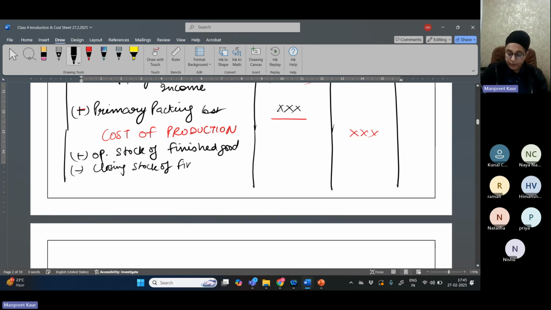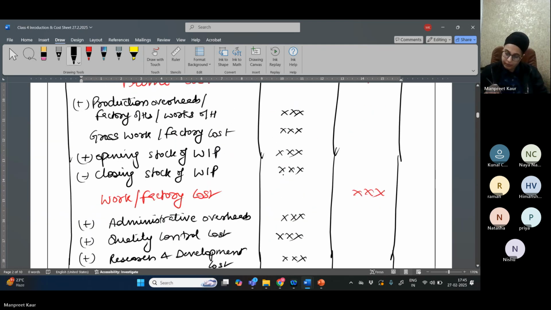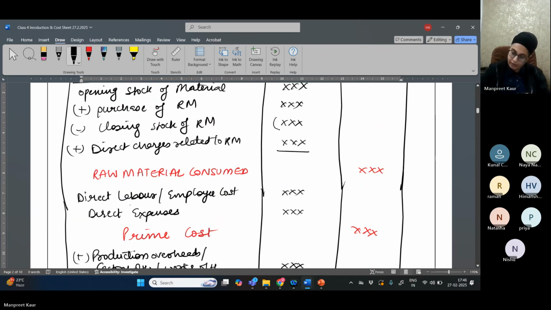Closing stock of finished goods is minus.